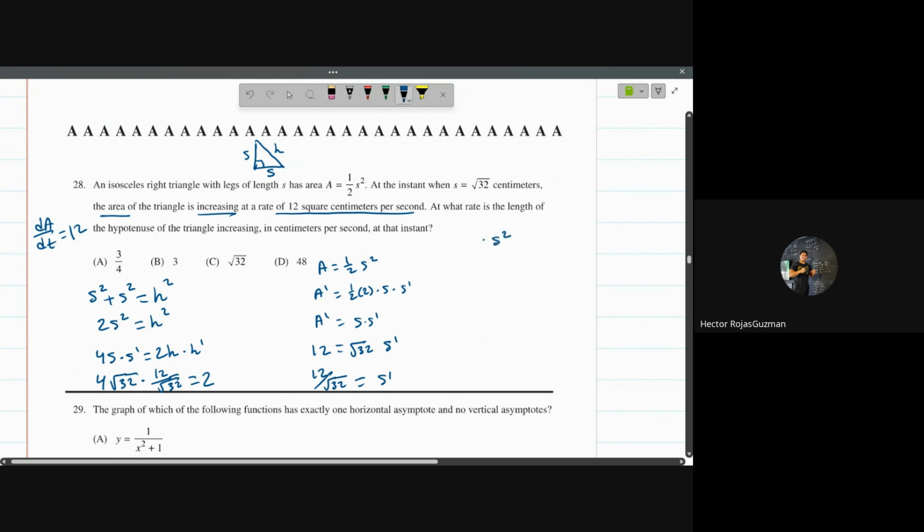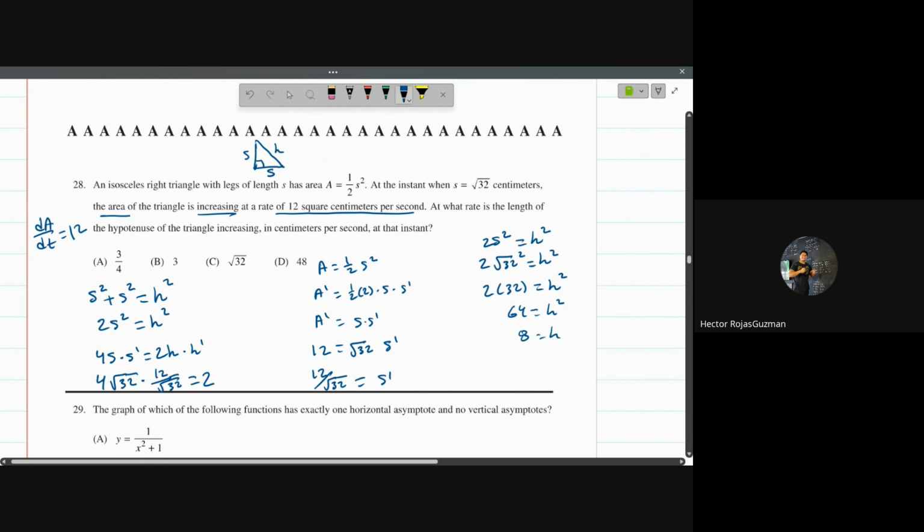We already said that 2s squared is equal to h squared based on the Pythagorean theorem. So then 2 times the square root of 32 squared is equal to h squared. 2 times 32 is equal to h squared. 64 is equal to h squared. 8 is equal to h. Only the positive one because it's the length.